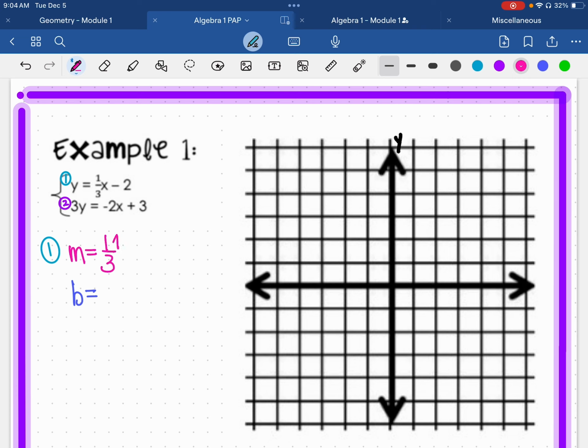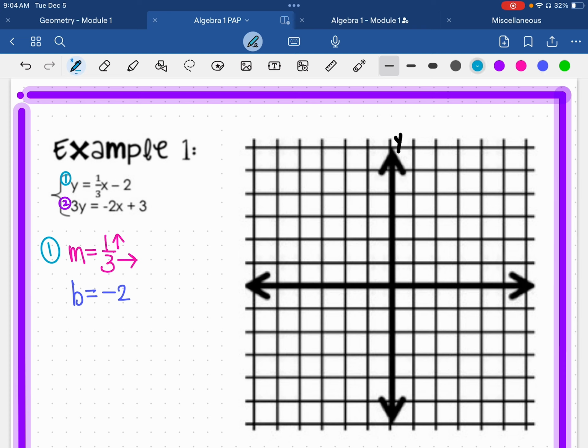The number on top shows you how to move up or down. Since mine is positive, it is showing me to move 1 up. If it was negative, it would show me to move 1 down. And then my number on the bottom in the denominator is positive as well, so it's telling me to go 3 to the right. For equation number 1, my y-intercept is -2.